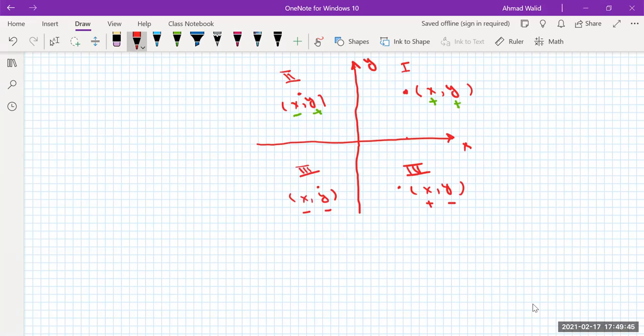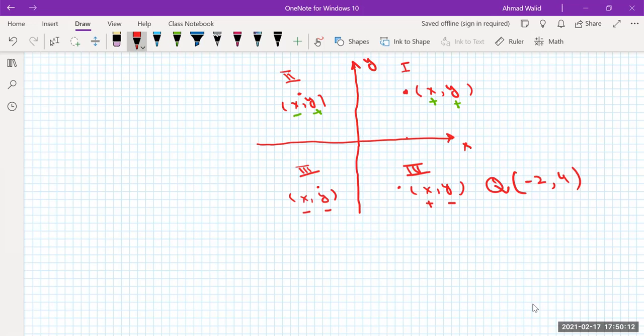Maybe you say, oh, they're very, very basic stuff. Why do I need this? I will show you why you need that. If I immediately give you a point like -2, 4, and I ask you to plot this point for me, for example point Q, -2 and 4, by looking at the ordered pair, immediately you should know where my point is.